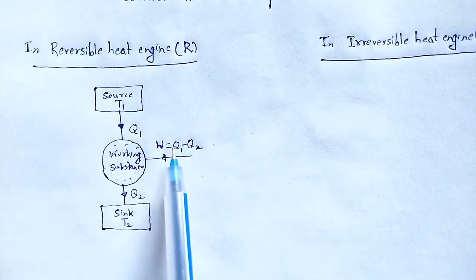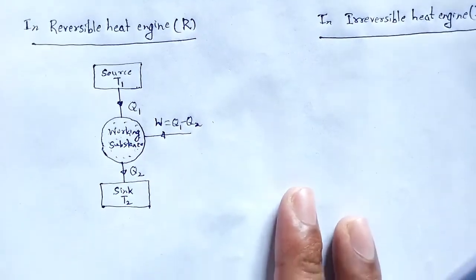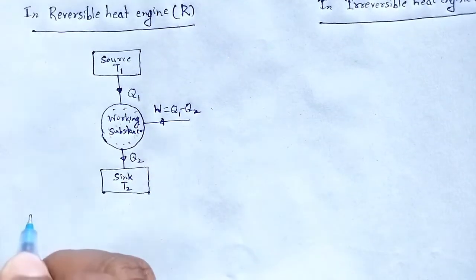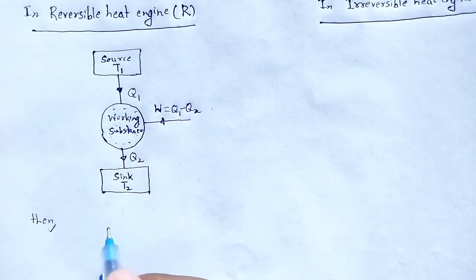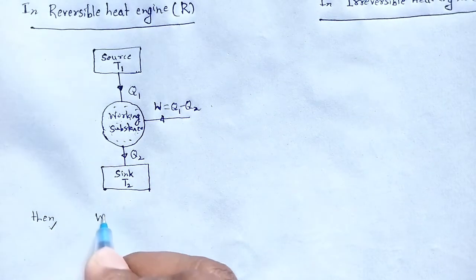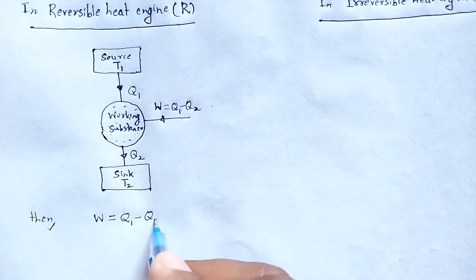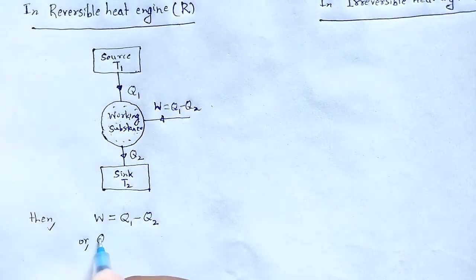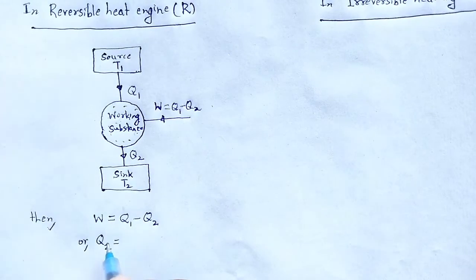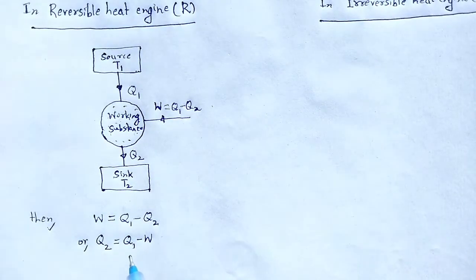So, the work done per cycle is W. Then W is equal to Q1 minus Q2 in case of a reversible heat engine. Therefore, Q2 is equal to Q1 minus W.